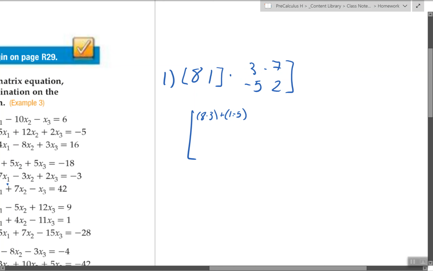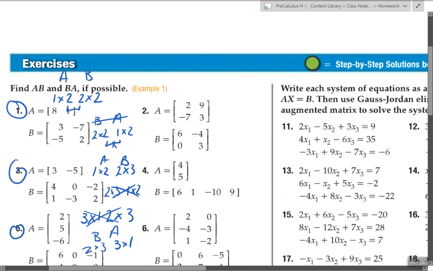So that's the first row to the first column, and then we go the first row to the second column. So that is 8 times negative 7, and 1 times negative 2. I think that 7 was negative. Yeah, that 7 was negative.